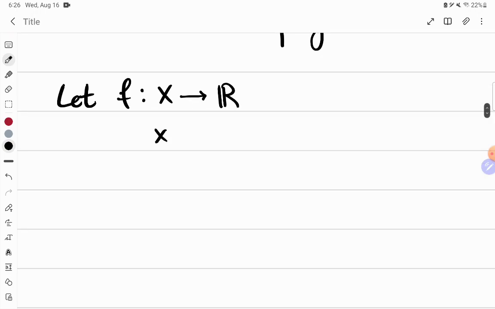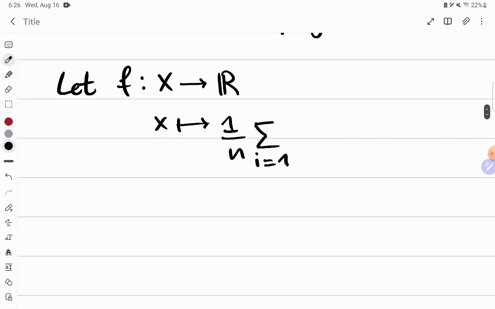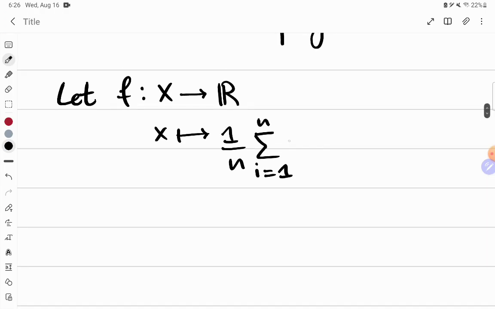And this is going to take a point x to the average, 1 over n times the sum from i equals 1 to n, the average of its distances from these closed sets. This is well defined because the C sub i are closed, and we're simply taking 1 over n of these distances, which are just the infima, from the point to C sub i. Over all i, f is going to represent this average.